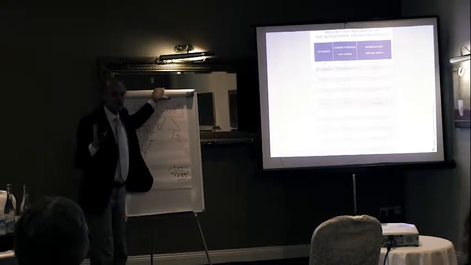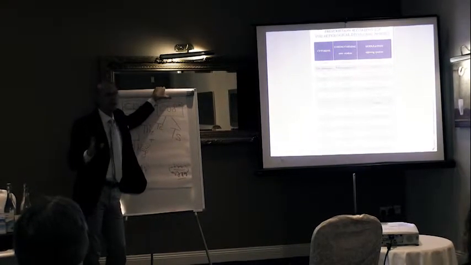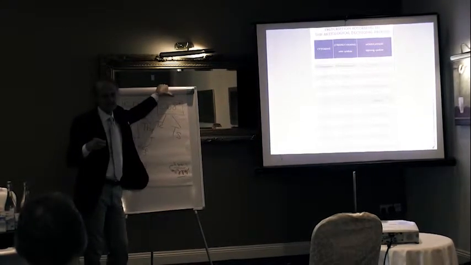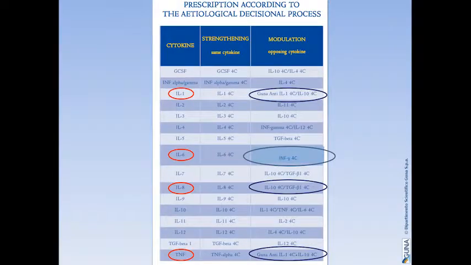Now, we are going to deeply study the inflammation process. And I will focus on these cytokines that are deeply involved in inflammation. They are, and we will study every one, interleukin 1, interleukin 6, interleukin 8, and TNF-alpha.